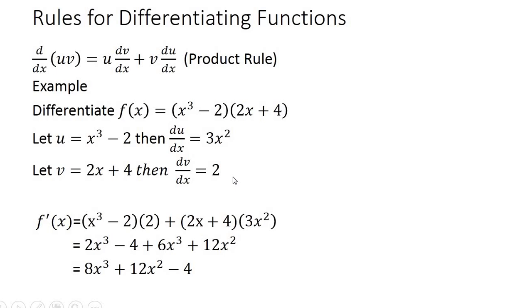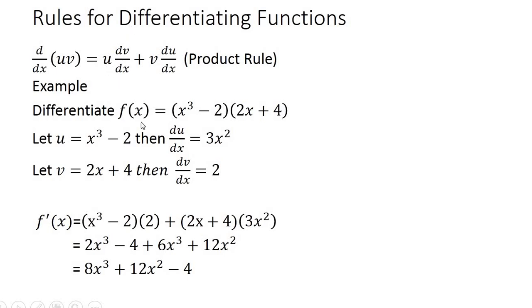If you find this difficult, you can go back and refresh what you covered on the laws of indices. Make sure you refresh and memorize those. After doing this, we then substitute into this formula.